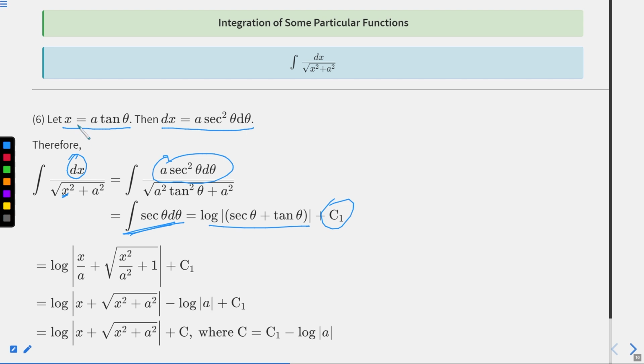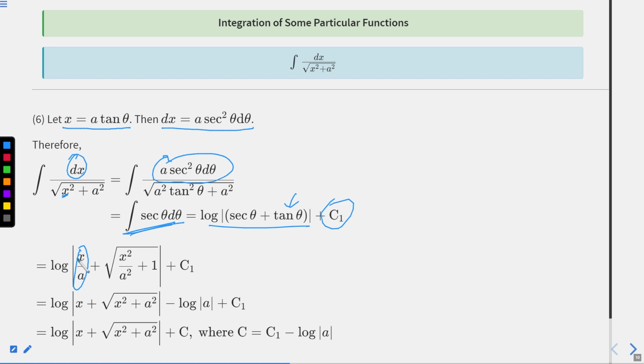So tan theta can be directly replaced by x by a, but what about sec theta? Sec theta is root of tan square plus 1, and tan is x by a, so this means root of x by a whole square plus 1.